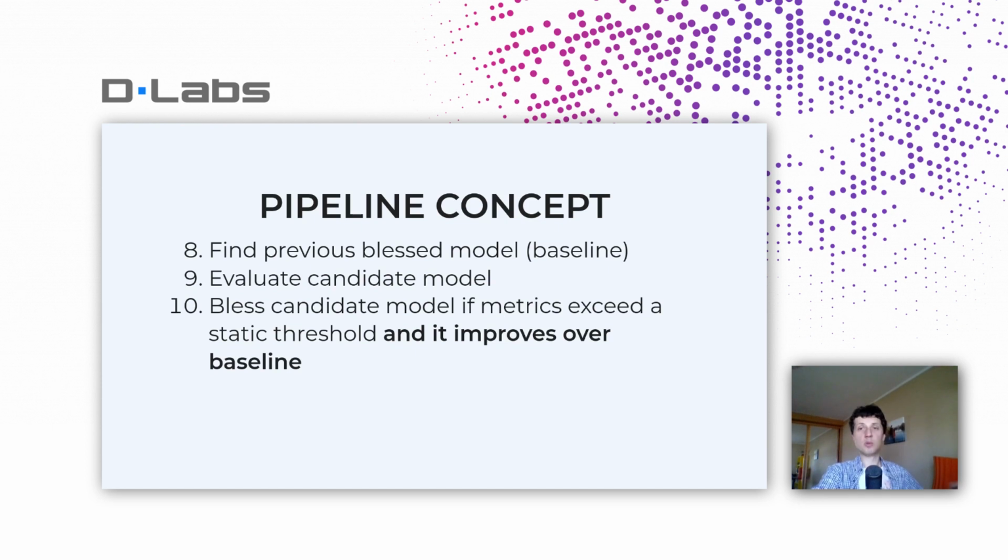That's not so simple. What we actually have to do is load both models, run the predictions on the new test dataset, calculate the metrics, and then compare the metrics. And this is quite a complex procedure. And in TFX, we are able to execute this without writing a single line of code ourselves.